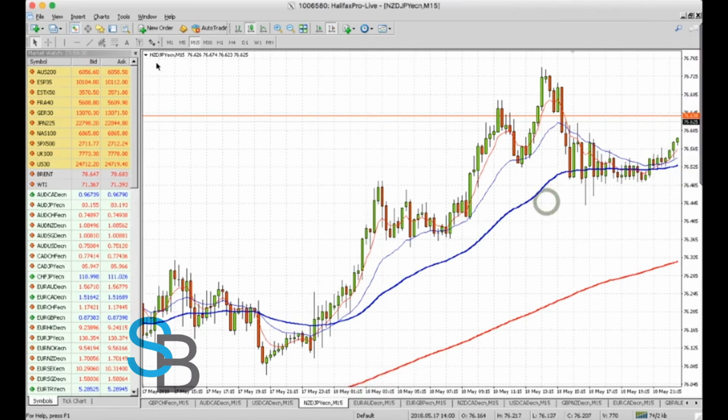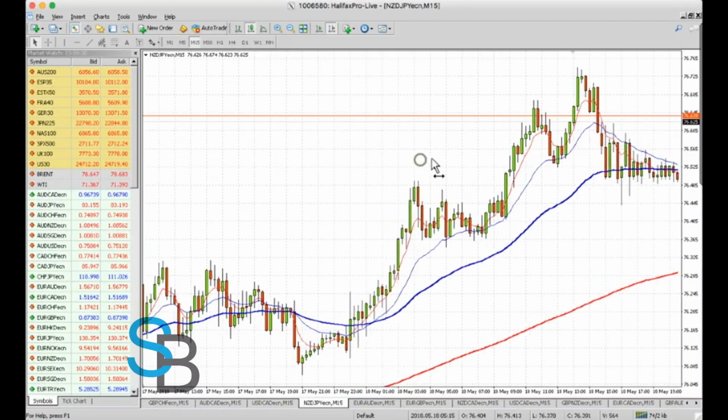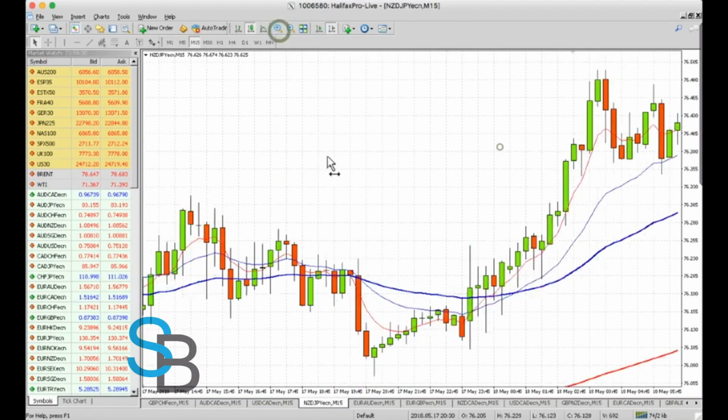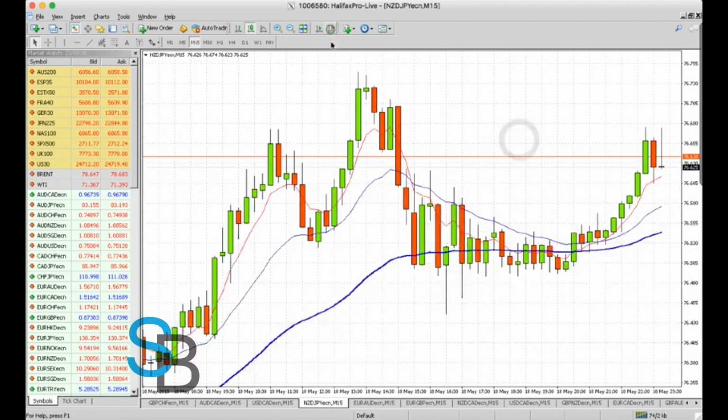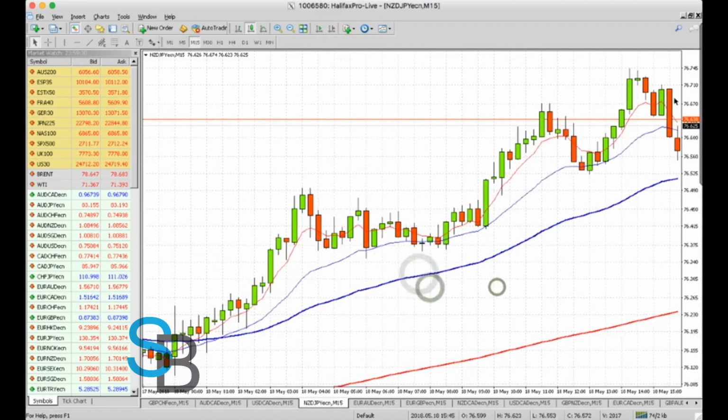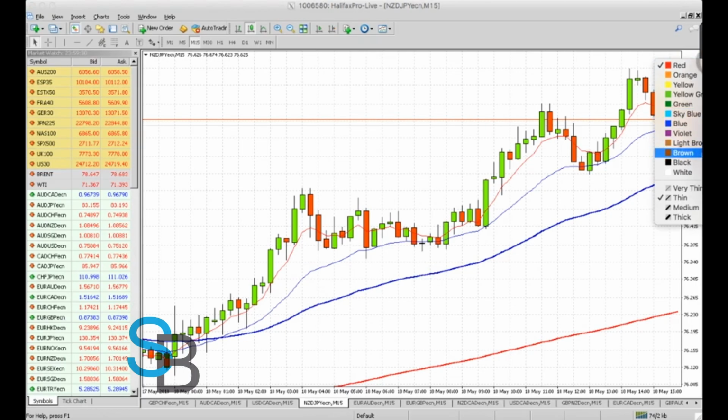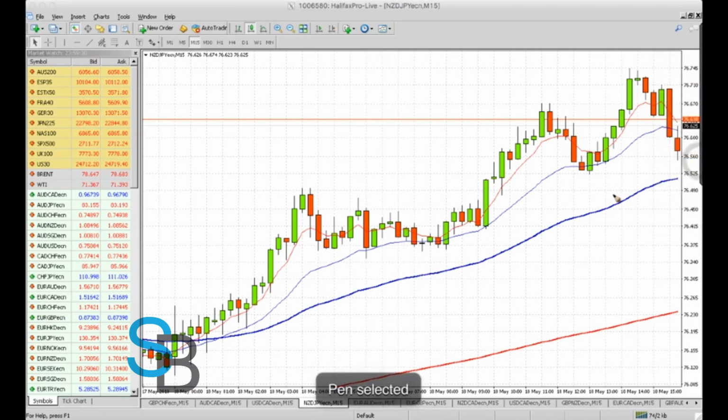And in fact, this is a New Zealand yen. I did take a trade just yesterday when I spotted this pattern. Now, can you spot that pattern here? Okay, there you go. So the pattern is here.